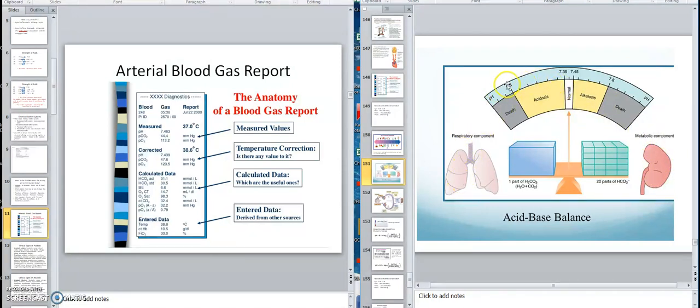Because the two main organs that control your pH in your body are the lungs and the kidneys. So what three things deal with your pH in the body primarily? Actions of lungs, actions of kidney, and the buffers.